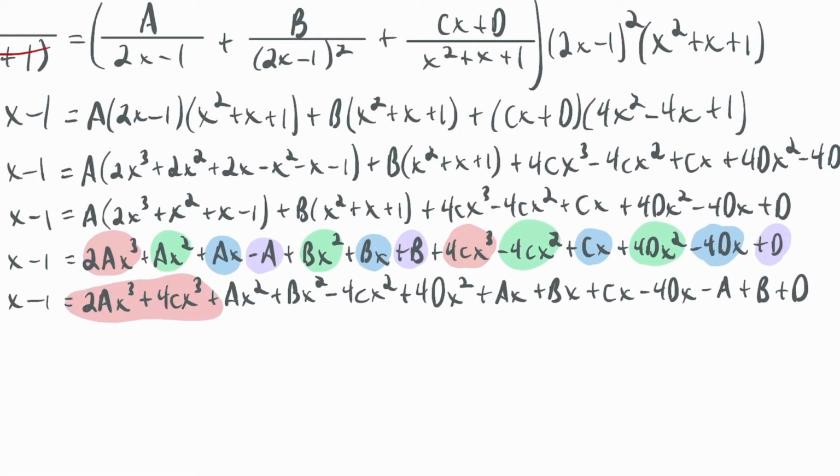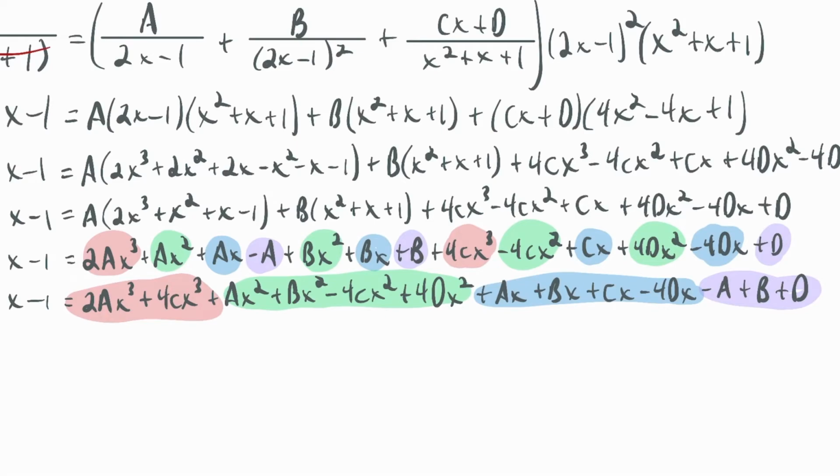So these are the orange ones: 2ax cubed plus 4cx cubed, okay? And then the green ones should be these four: ax squared, bx squared, minus 4cx squared plus 4dx squared. And then blue, be these: ax plus bx plus cx minus 4dx. And then purple, these last guys, minus a plus b plus d. Okay, so that should all be correct.